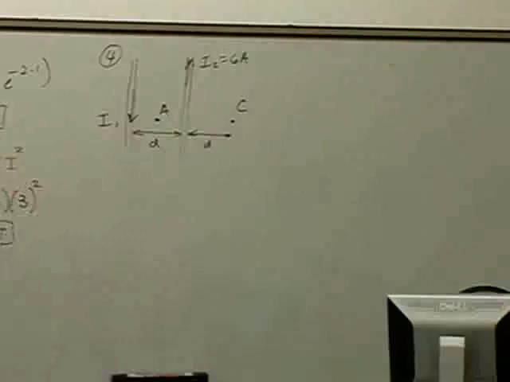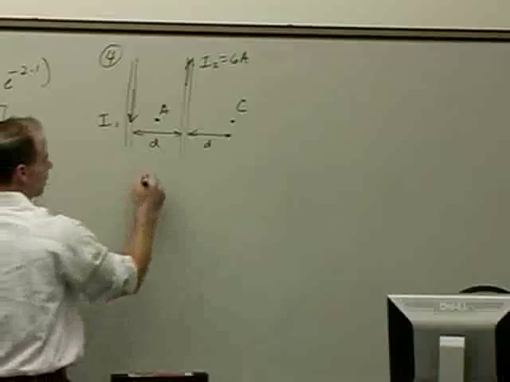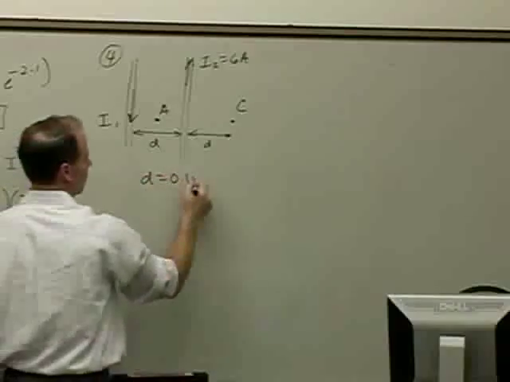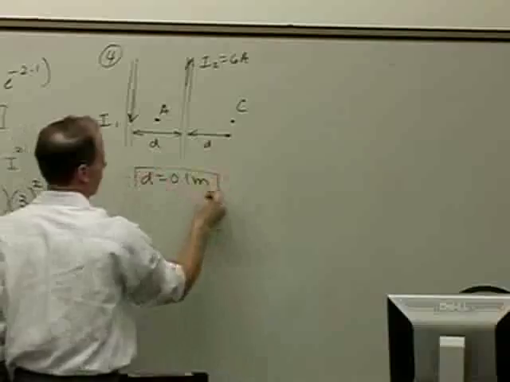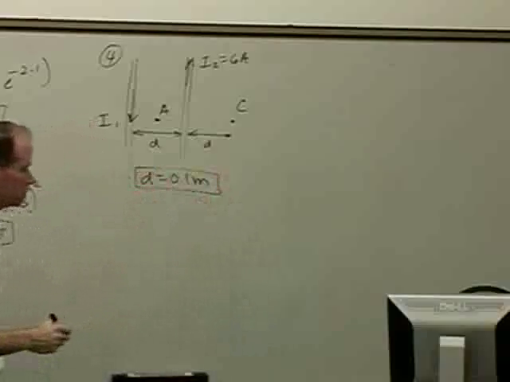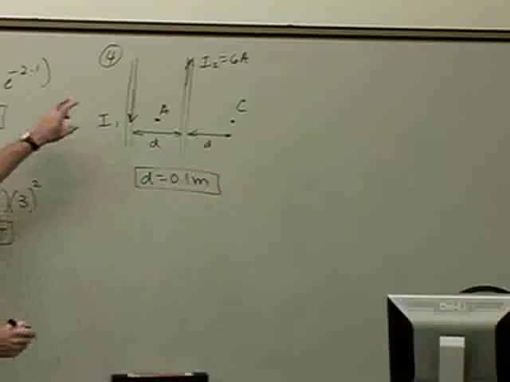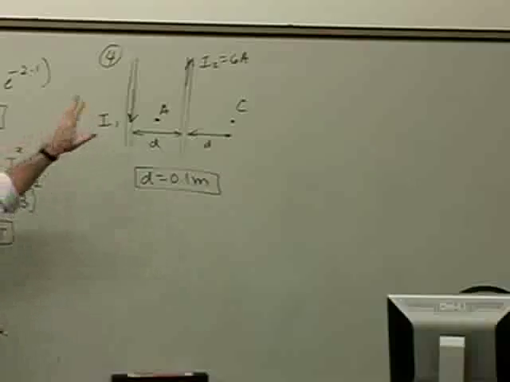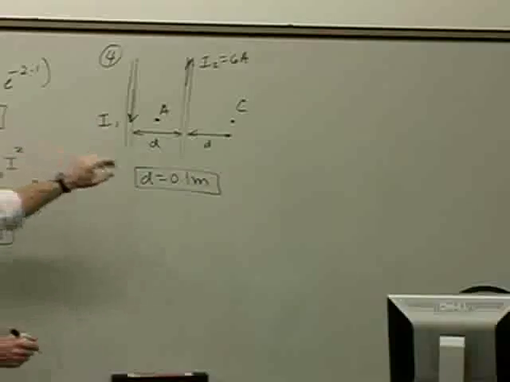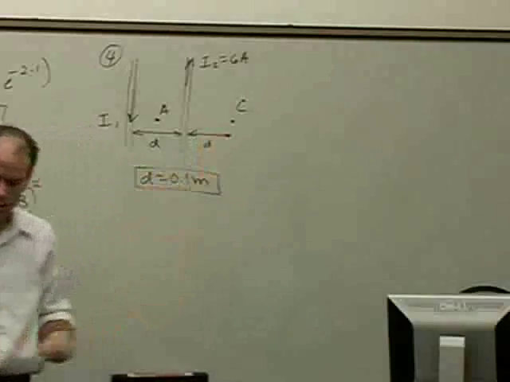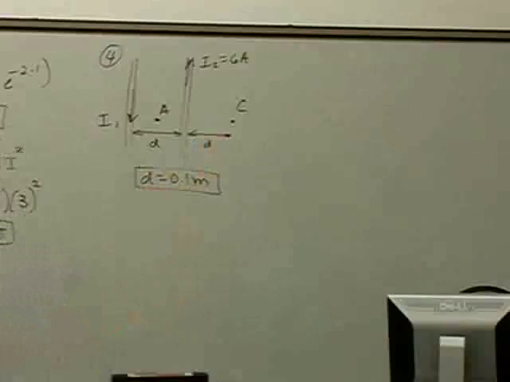And D is 10 centimeters, or 0.1 meters. The question is, if we adjust the current in wire 1 such that the magnetic field at C is 0, what is that current?